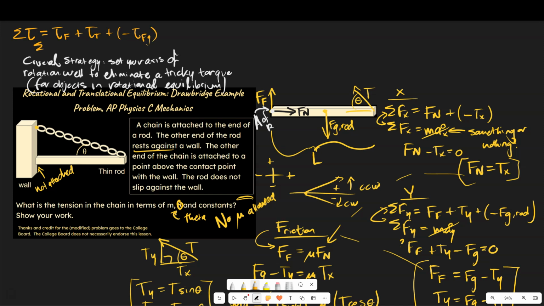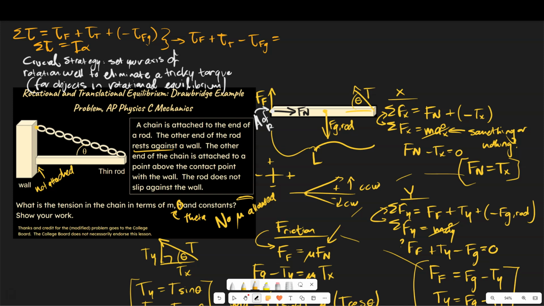And then the second line for the sum of the torques strategy is, instead of m times a, that's Newton's second law in a linear sense, net force is equal to m times a, we're going to do this in a rotational sense, and we could say that the net torque is equal to I times alpha, moment of inertia times angular acceleration, or rotational inertia times angular acceleration. Then what we can do is set these equal to each other, and if we do that, we end up with this.